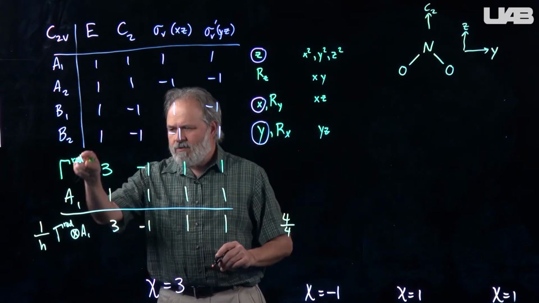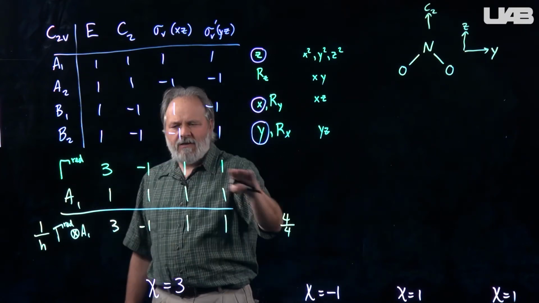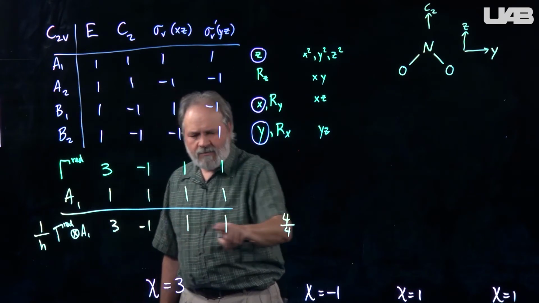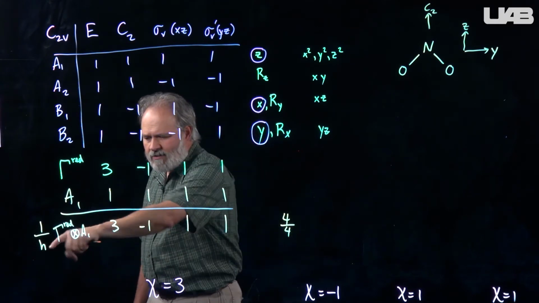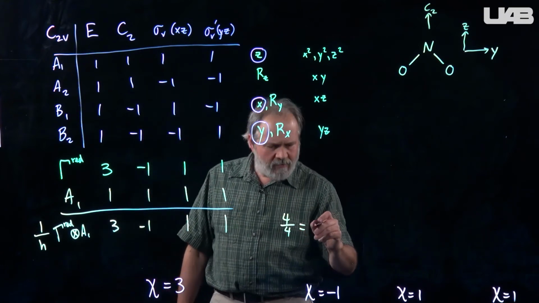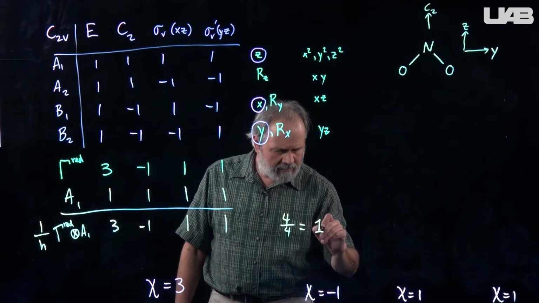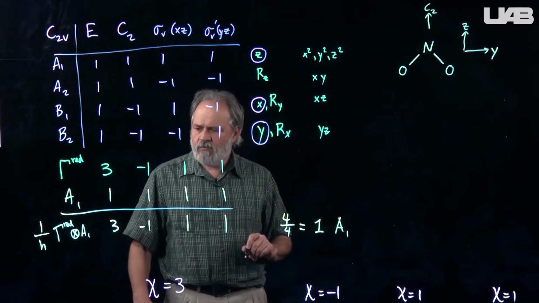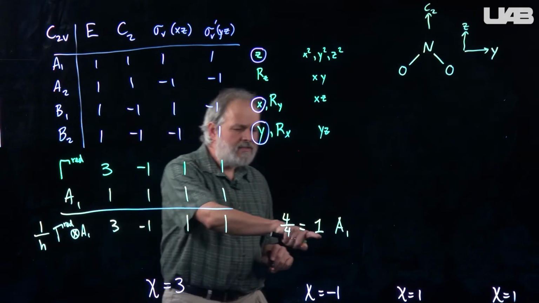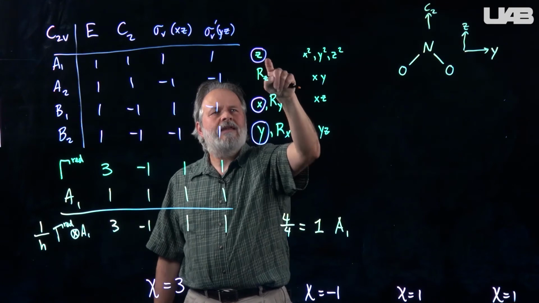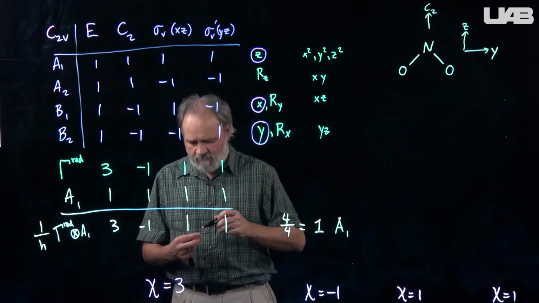To recap, we take the reducible characters, multiply by the irrep we're interested in, add up the numbers and divide by the order of the group, which is 4. We get 4 divided by 4, which is 1. Since we were looking at the number of A1s, this tells us there's one A1. If you remember from the previous video, we had an A1, called the PZ orbital.